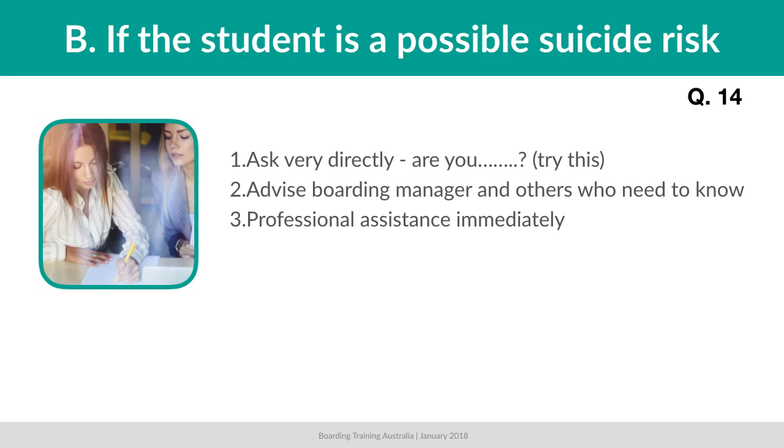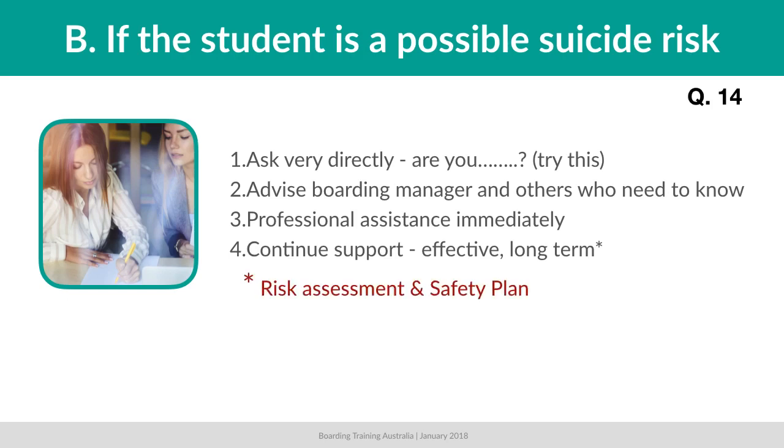Not in 2 days' time, we need it immediately. If there is suicide risk, we need that help immediately. When the student comes back to us, we need to continue support. There needs to be effective long-term support. And we should have in place a risk assessment and a safety plan for the young person.